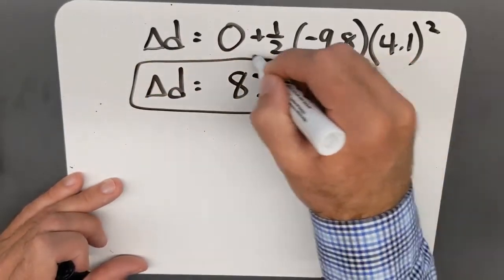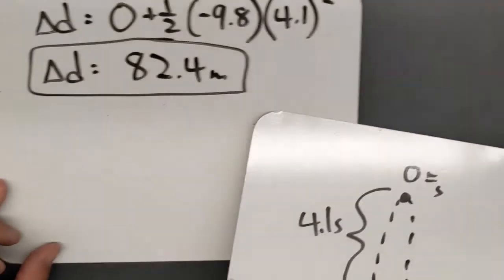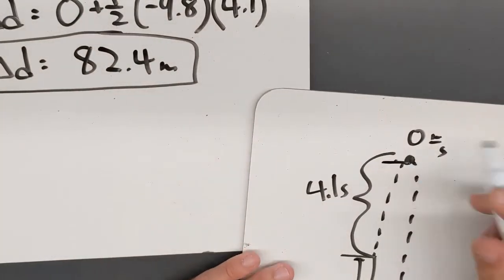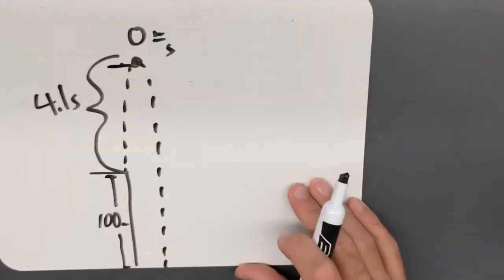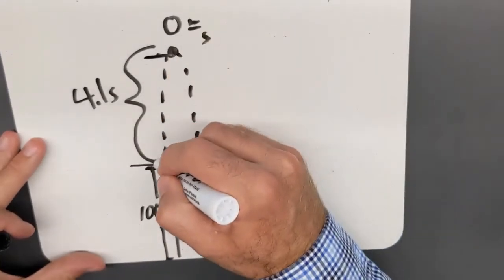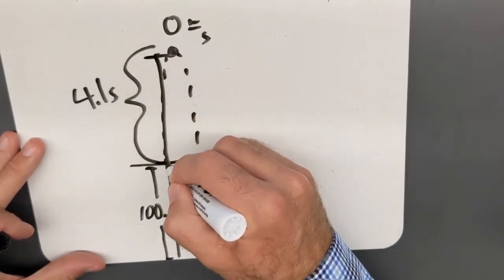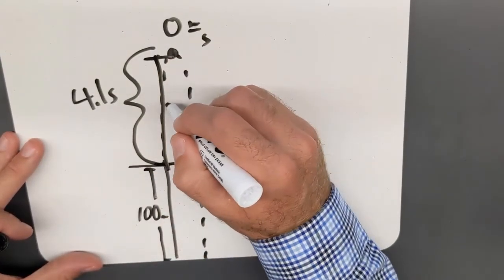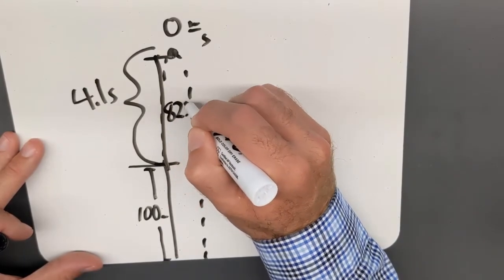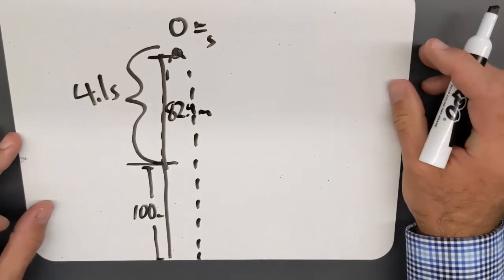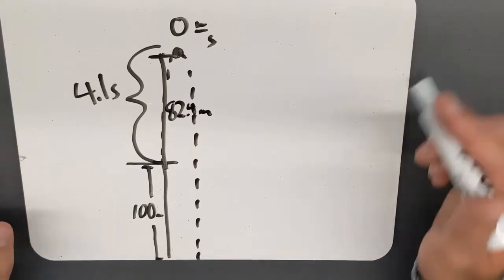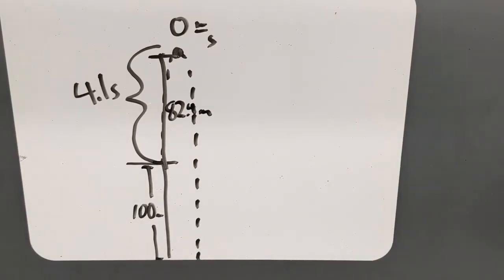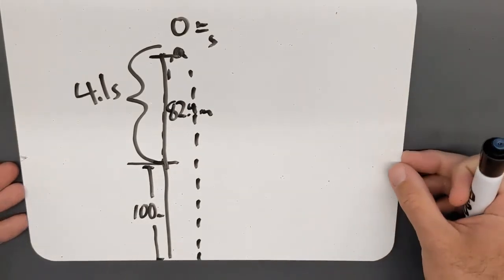So I'm going to add that to the things I know. From here to here is 82.4 meters. Now, what can I do with that? I'll start another diagram and see what I can do.